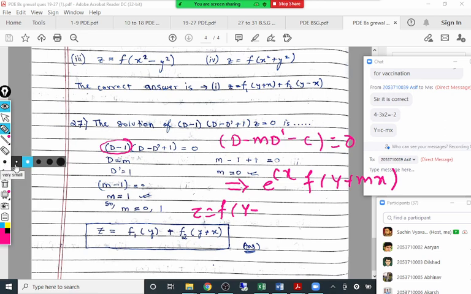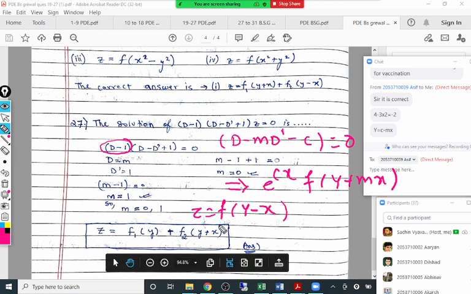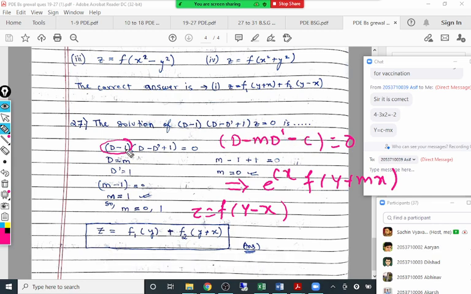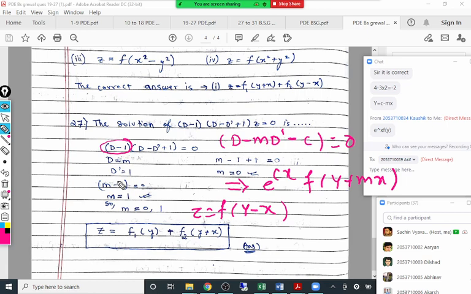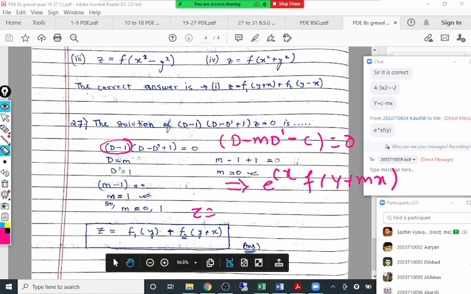Tell me quickly, am I writing correct? If you compare with d minus md dash minus c, what is the value of m? M is coming as 1. Sorry, my mistake again. M is 0. For this factor, m is 0 and c is 1. So what should be the first term? Yes, e raised to x f of y. That's correct, Kaushik. E raised to x f of y. So that's for the first term. And what about the second term? E raised to minus x f of y plus x.